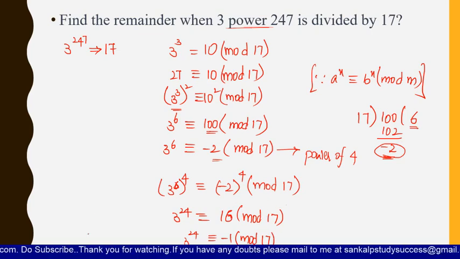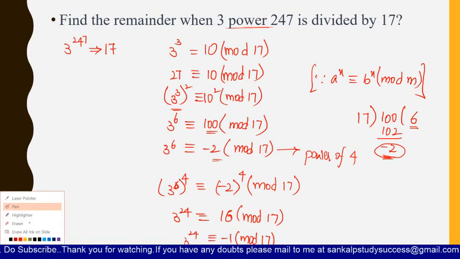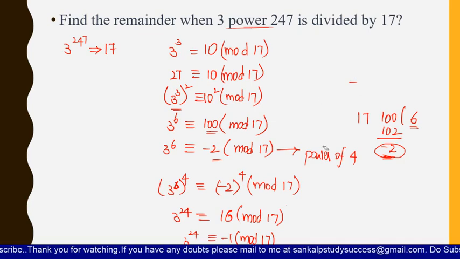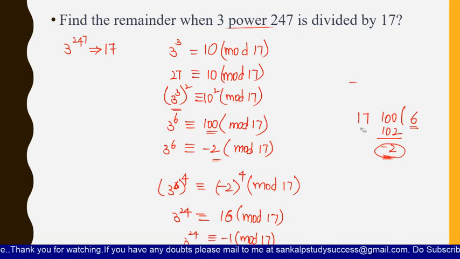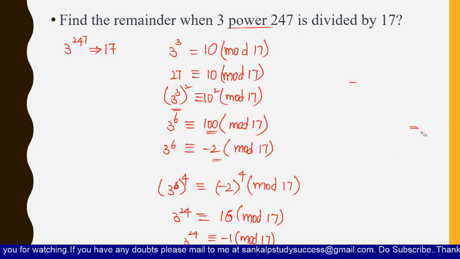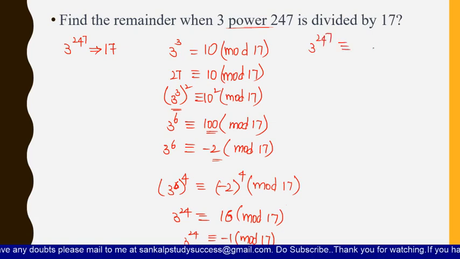So now generally, I'm solving it this side so that the complete problem will be 1. So generally you can write 3 to the power of 247 is congruent to what? That means you will get the remainder here, mod 17.